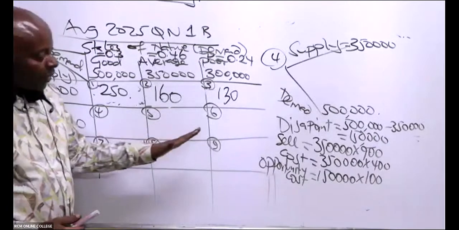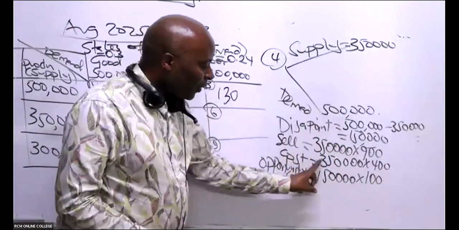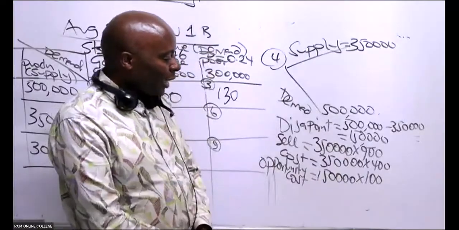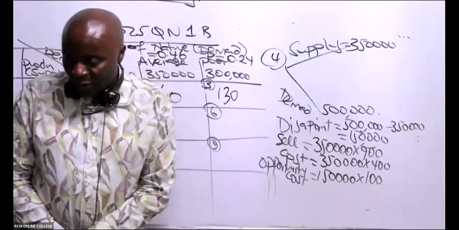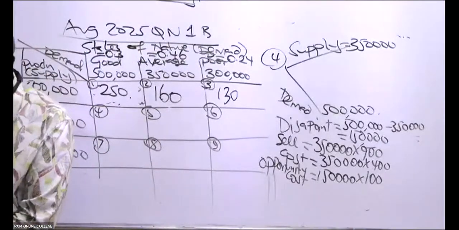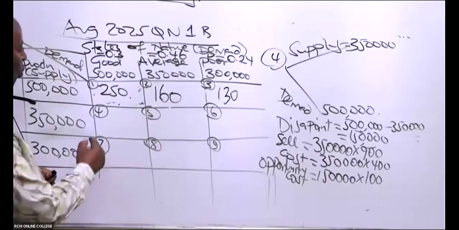So remember the sales is 350,000 times 900, isn't it? Minus the first cost, 350 times 400, minus the opportunity cost, which is 150,000 times 100. So what answer shall we get in number 4? 160. Lucy is saying 190. I don't know why.